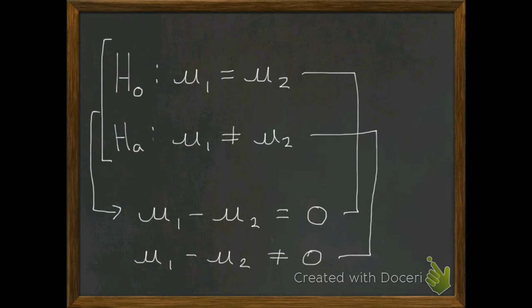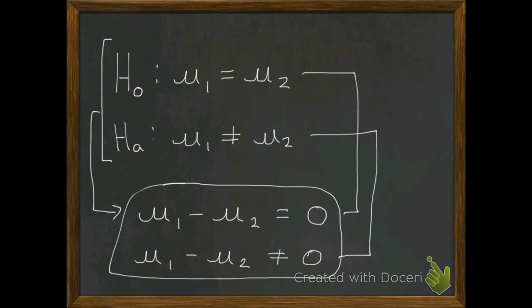But this notation, this thought process, makes things a lot simpler when we start investigating our confidence intervals, because our confidence intervals are going to contain the difference of the means. So if we set the thought process initially that we're examining the difference of means, it's going to make the interpretation of the confidence intervals make more sense.